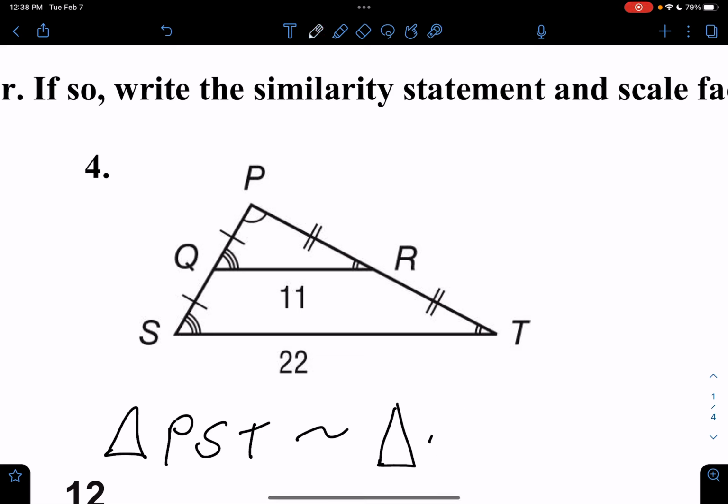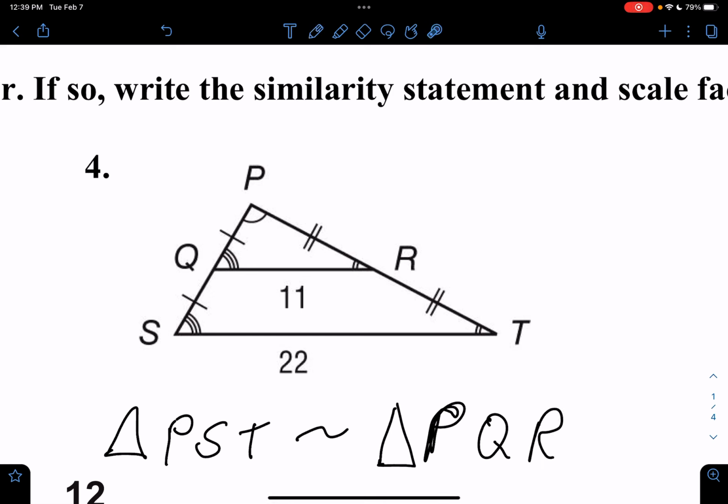I should have used R, P, R, Q. Okay. Again, it is still wrong. So you see, I put here the one with the 2 markings, and I should have put here the one with the 3 markings. So this is the thing that is wrong. Order matters. So I should have kept it the same way that I started.